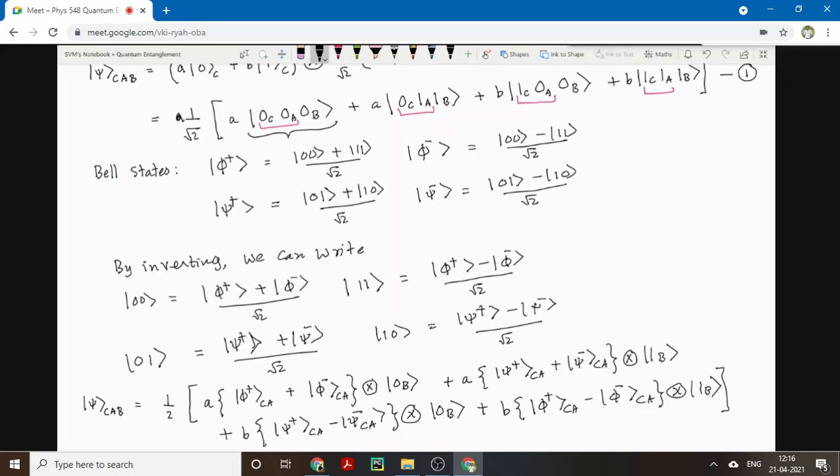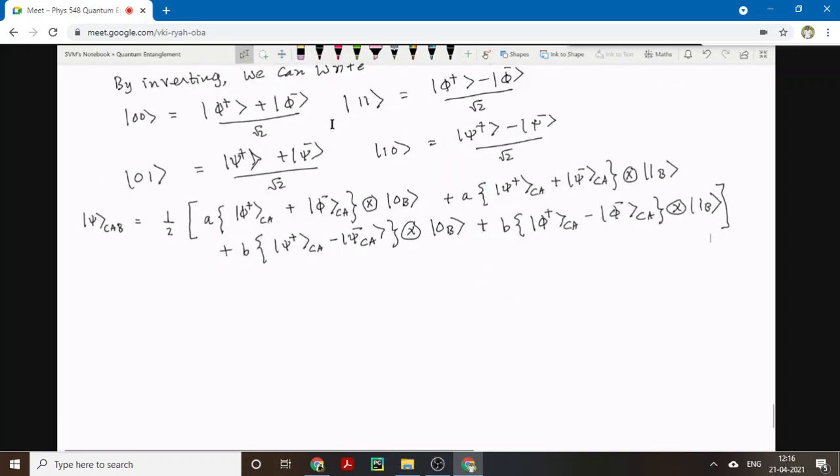So whatever these red underlines that I have done here in equation 1, I have written in terms of the Bell states.